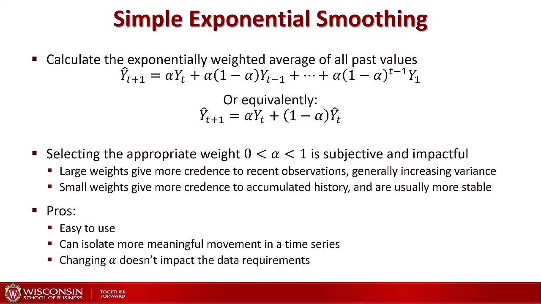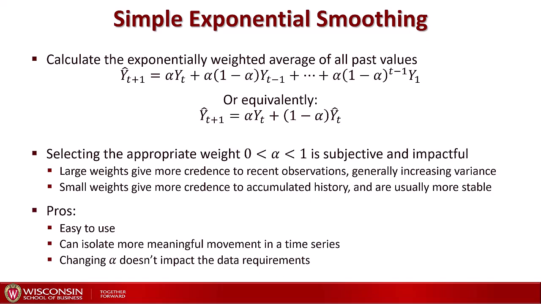Now this long formula going all the way back to y1 is equivalent to the one you have at the bottom, which says that the prediction for yt plus 1 is alpha times the current value, yt, plus 1 minus alpha times the predicted current value.